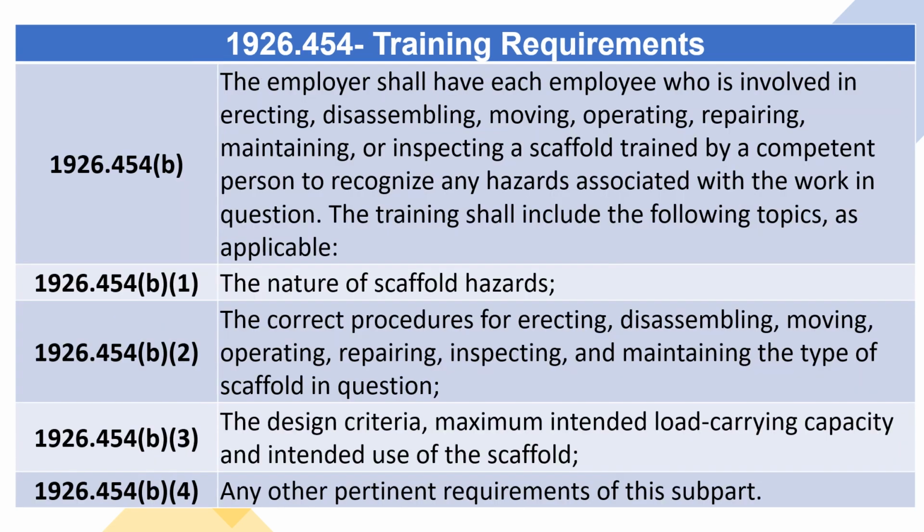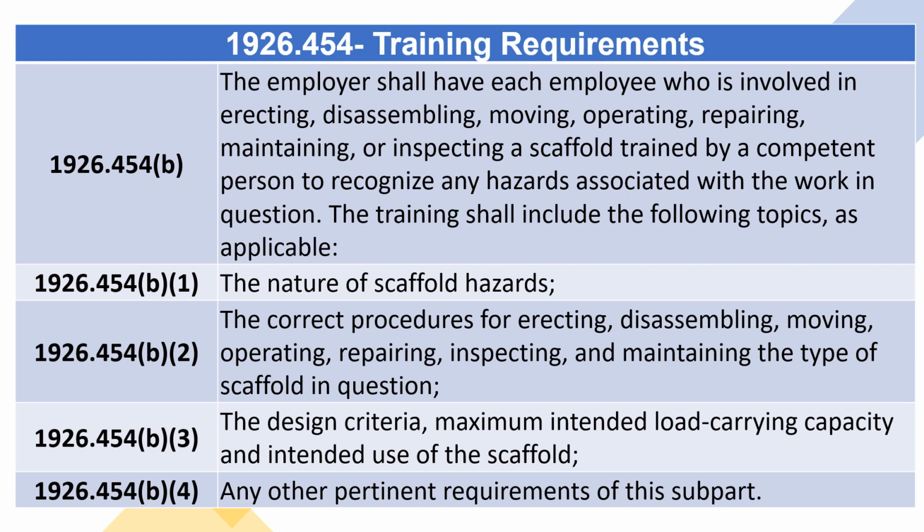1926.454(b): The employer shall have each employee who is involved in erecting, disassembling, moving, operating, repairing, maintaining, or inspecting a scaffold trained by a competent person to recognize any hazards associated with the work in question. The training shall include the following topics, as applicable: 1926.454(b)(1) through (b)(4).